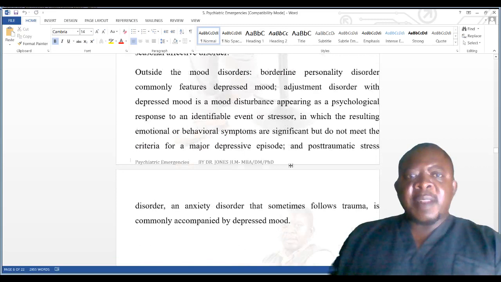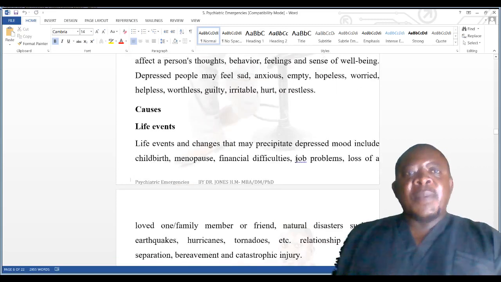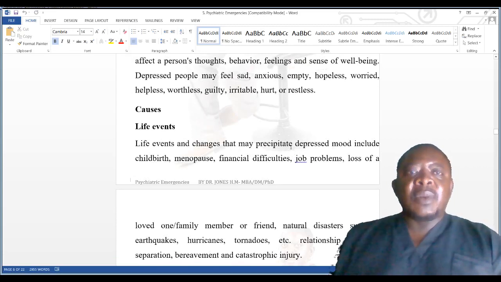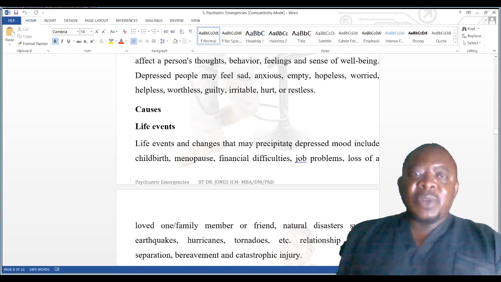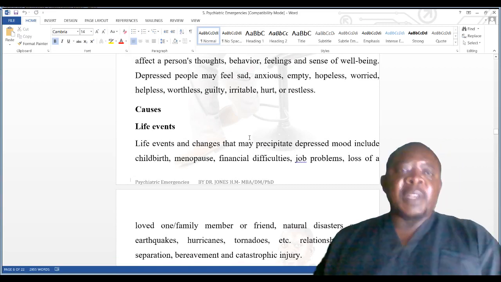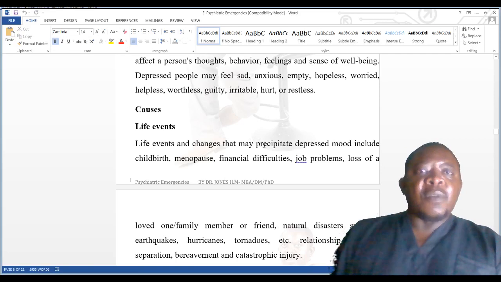Remember, when you're looking at the causes in psychiatry, we look at the biological causes, psychological causes, social causes, and also the physical causes of a mental illness.